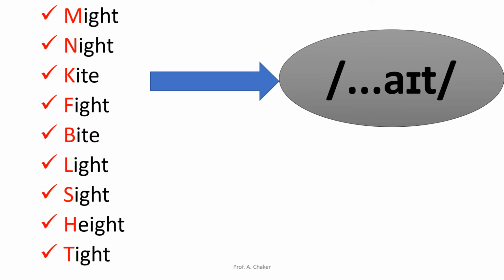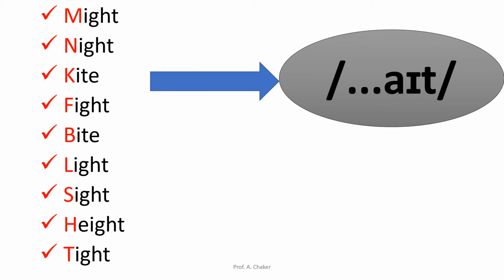So "ite" is repeated. Where is the difference? The difference is in the first sound: m, n, k, f, b, l, s, h, t. So it's actually these sounds that make the difference between all these words.